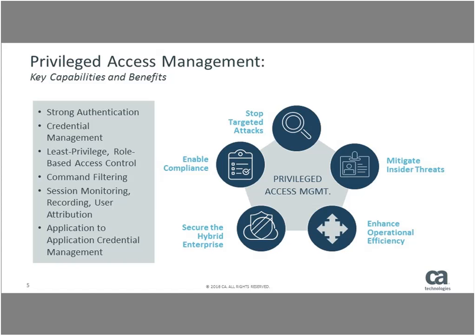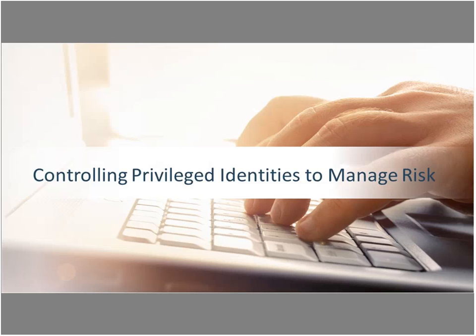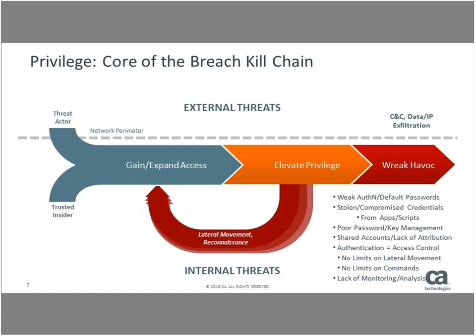So you don't want to make it too hard for people to do their job while you're implementing these controls. So to manage risk, again, the kill chain always consists of an initial entry point, privilege escalation, and wreaking havoc. There are a variety of attacks on the surface that can be exploited, from password management to lack of authorization, lack of good authentication, lack of monitoring, and lack of auditing, so that you can't see that it's happened.